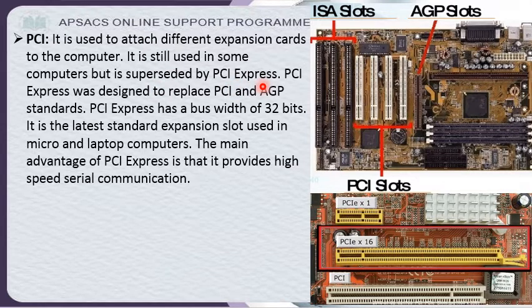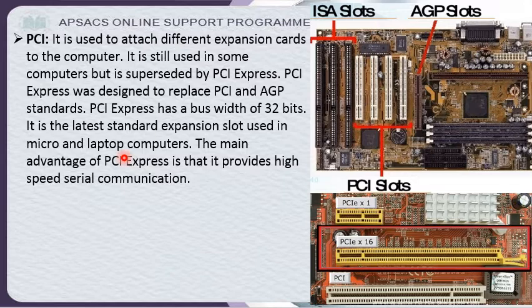So right now, if you see here, the white color is the old one, which was PCI, but we have the latest type of PCI, which is known as PCI Express. PCI Express has a bus width of 32-bit, and it is the latest standard expansion slot used in micro and laptop computers.